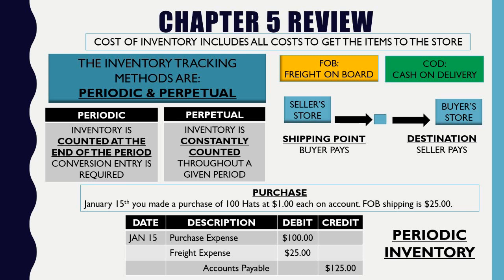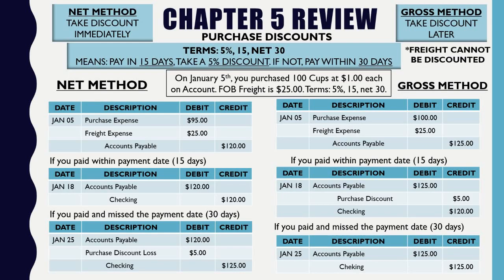Once it leaves that midpoint and makes it to the buyer's location, which is called FOB destination, then the seller is responsible to pay for the shipping and is responsible for the items.